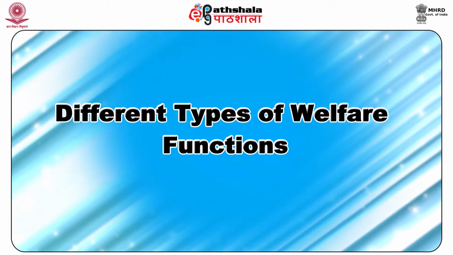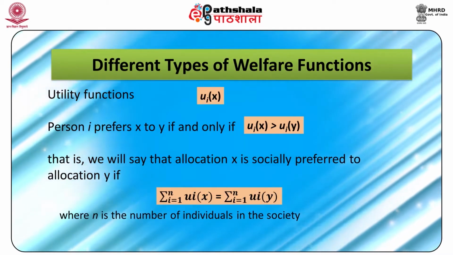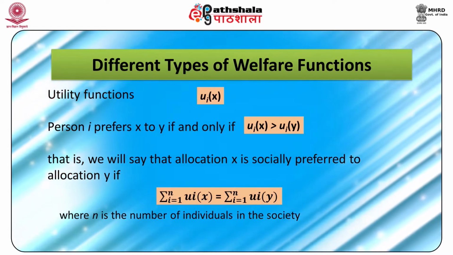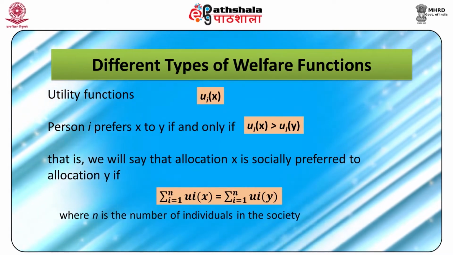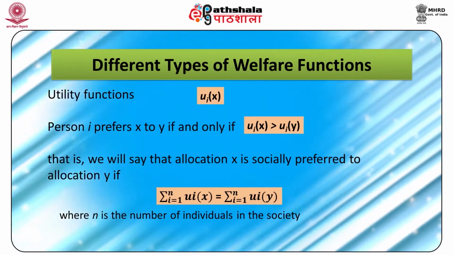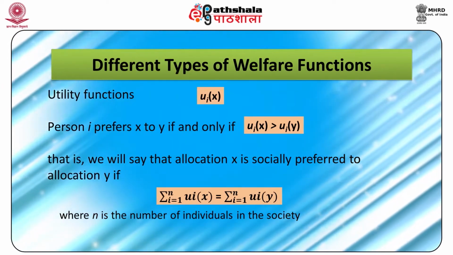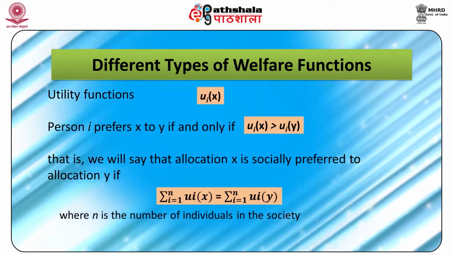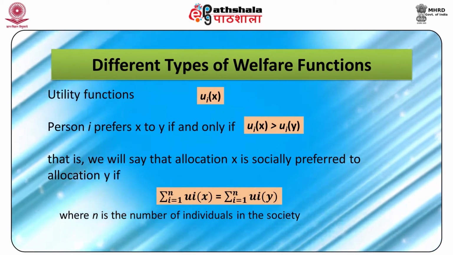Different types of welfare functions. Given the preferences of each individual i over the allocations, we can construct utility functions u_i(x) that summarize the individual's value judgments.